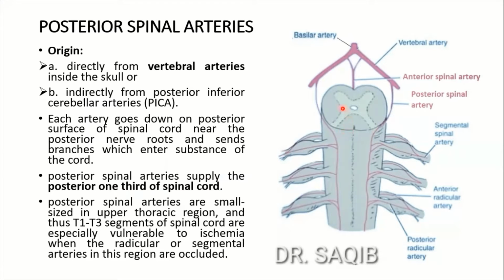That I will elaborate more clearly in the discussion on the clinicals. Posterior spinal arteries are small in the upper thoracic region, and thus T1 to T3 segments of the spinal cord are especially vulnerable to ischemia when the radicular or segmental arteries in this region are occluded.